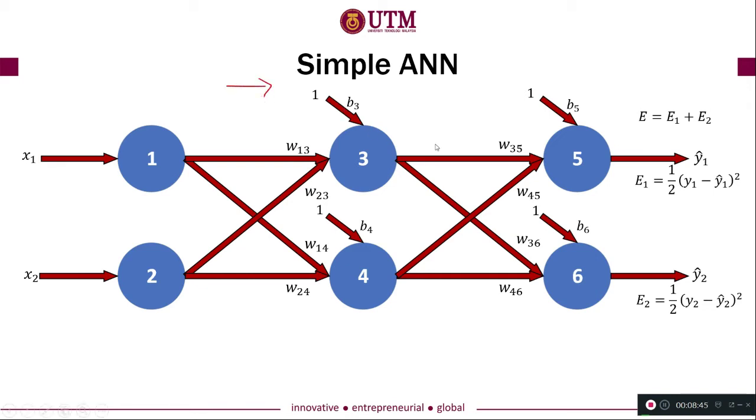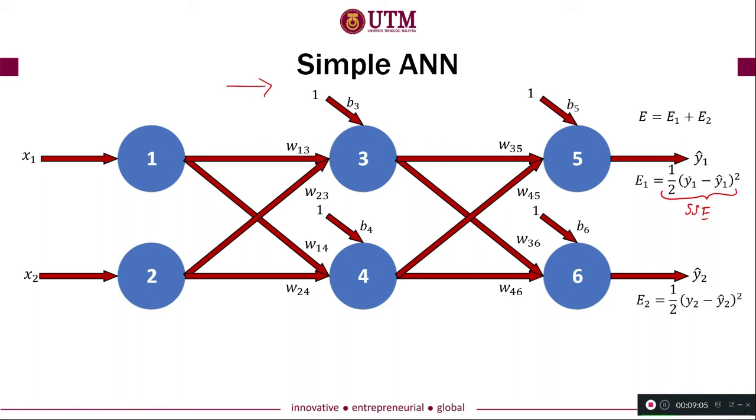Then you find the y, and you have the y hat, and then you know the actual y1, and this expression represents the error there. Remember, again I'm using SSE as the cost function, or as the error there.